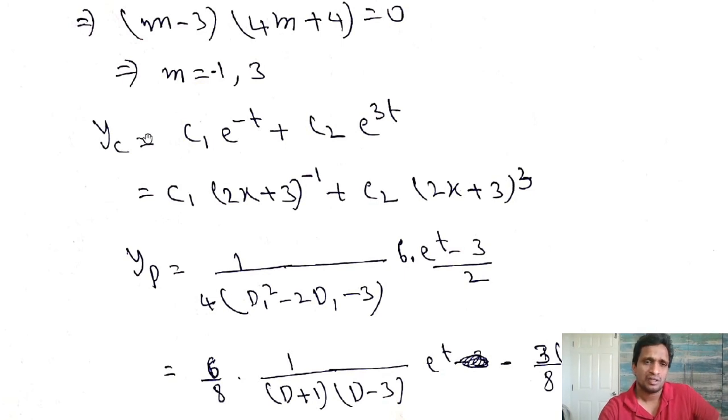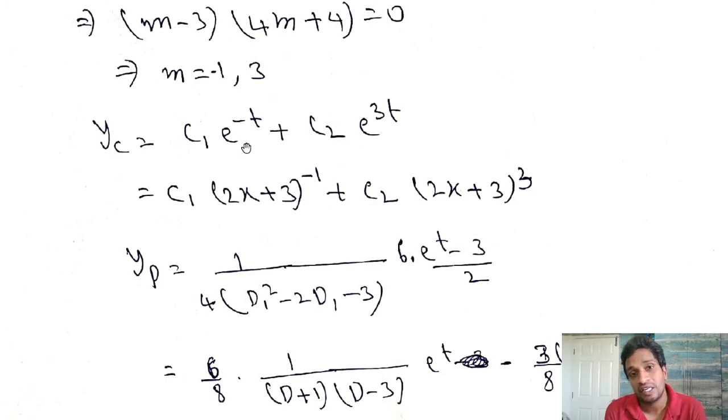So the roots are minus 1 and 3 in terms of t. So yc is equal to c1 e power minus t plus c2 e power 3t. But instead of e power t, we have assumed 2x plus 3 is equal to e power t. So e power minus t will be (2x plus 3) whole power minus 1, or (2x plus 3) inverse. So c1 (2x plus 3) inverse, c2 (2x plus 3) cubed.